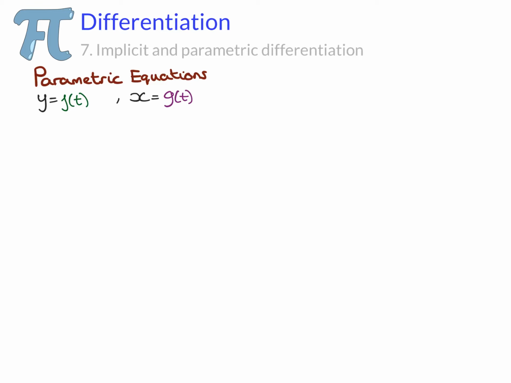Let's say that we have a variable y, which is a function of x. We would usually write this as y is equal to f(x). We can, however, choose to write this slightly differently and say that y and x can both be expressed in terms of another variable, call it t, and from the relationships between y and t and x and t, we can work out the relationship between y and x.